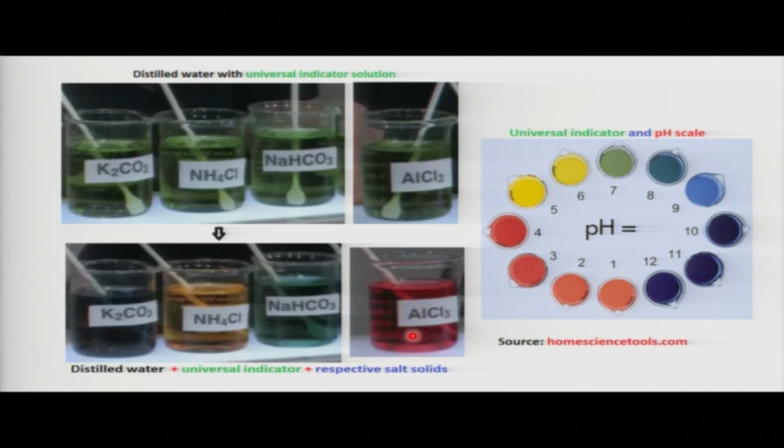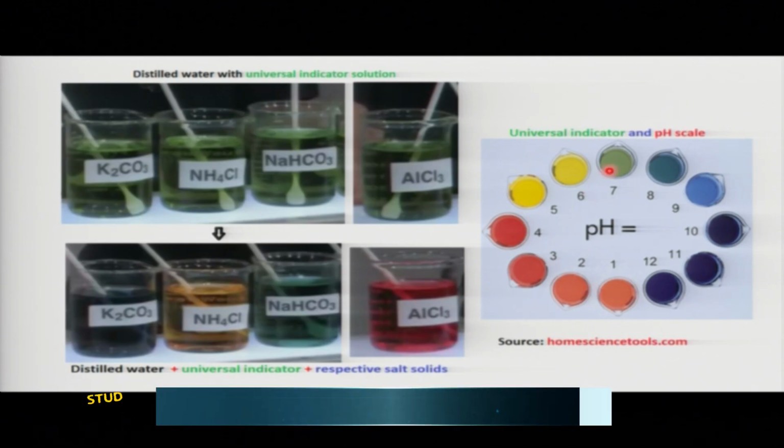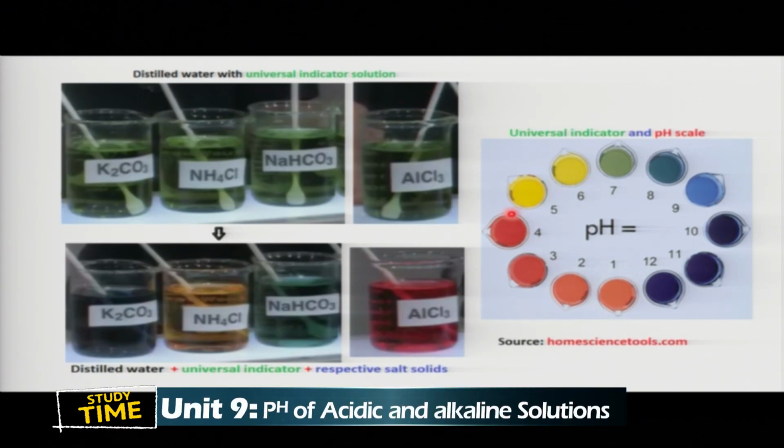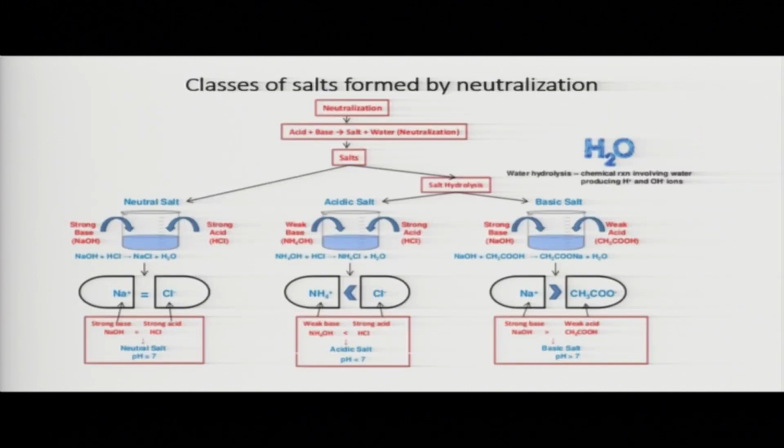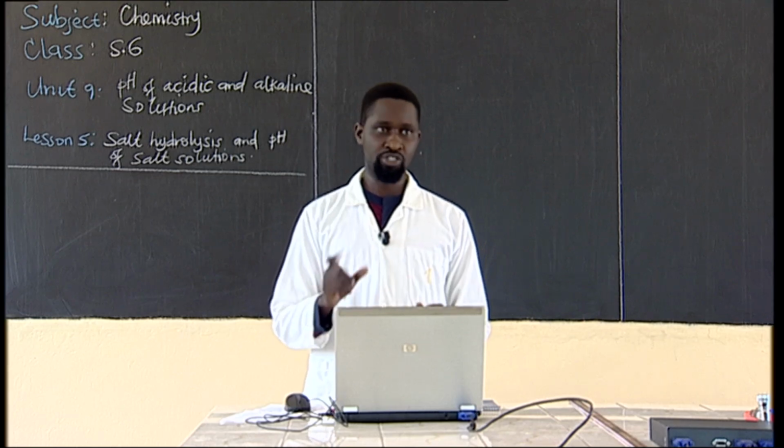Potassium carbonate and sodium hydrogen carbonate are basic, but of course the strength differs. Ammonium chloride and aluminum chloride are acidic, but again, the strength differs. So, what brings such a difference in pH for different solutions? The answer goes to hydrolysis.